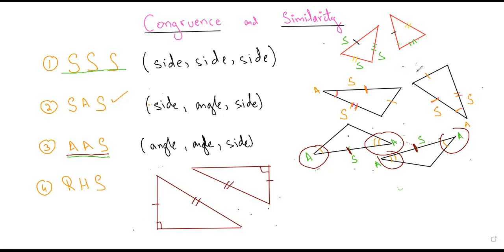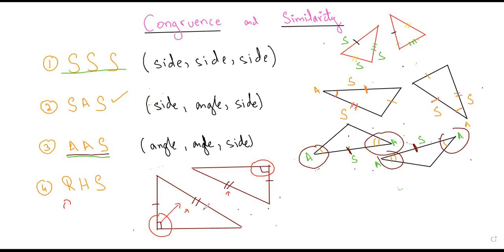Now, what is the thing? The thing is that both these triangles are right angle triangles. So the right angle, the hypotenuse, this is the hypotenuse side, the side opposite to the right angle.